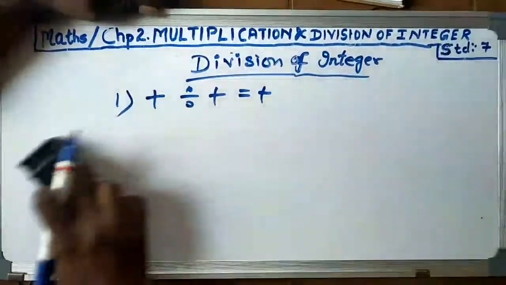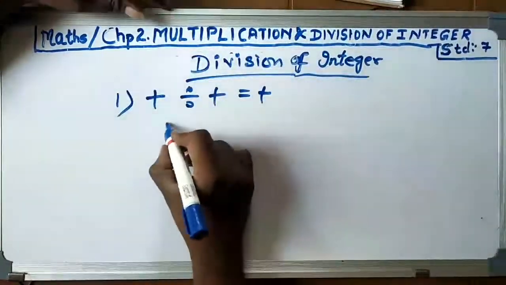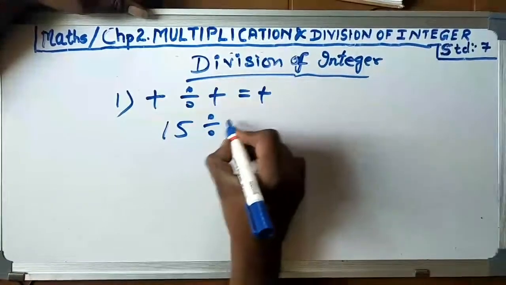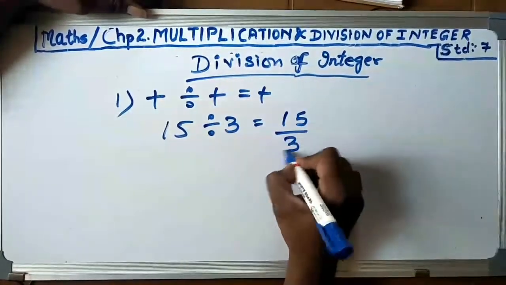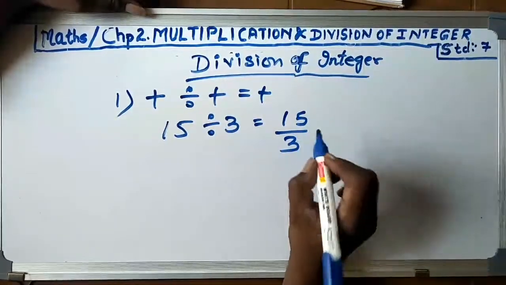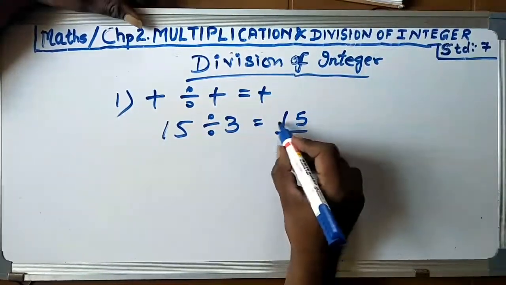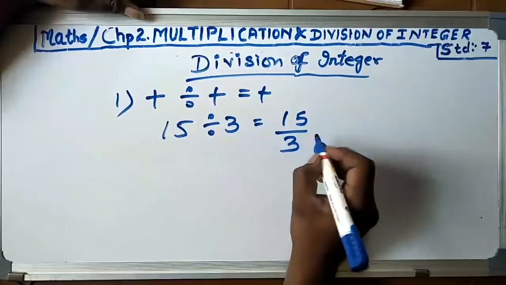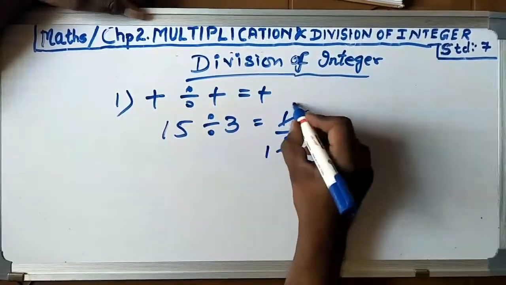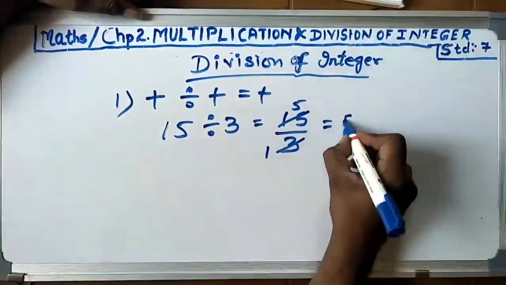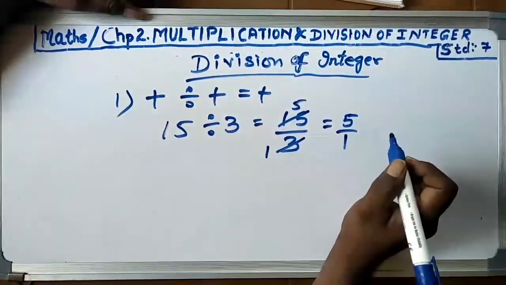Let's do the next sum. 15 divided by 3. How do you write this? 15 upon 3. Both go in the 3 table. 3 1s are 3, 3 5s are 15. So the answer is 5 upon 1.